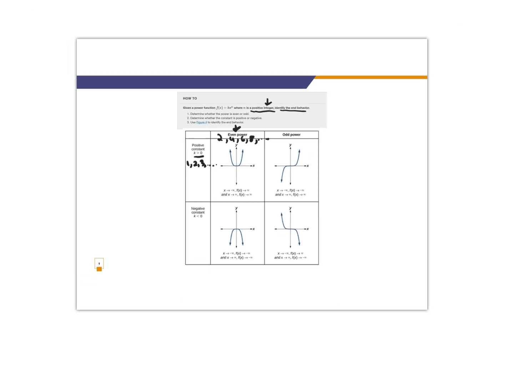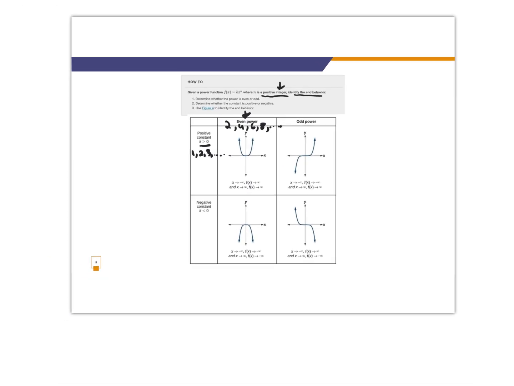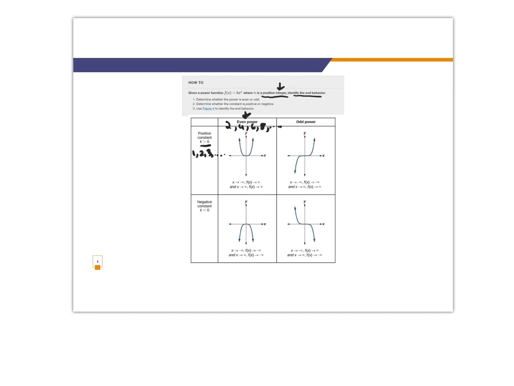I wonder if they give me an example here. They didn't. Well, why don't I try to give us an example? What would it look like? I'm just going to do an example. f of x could be 2x to the 6.